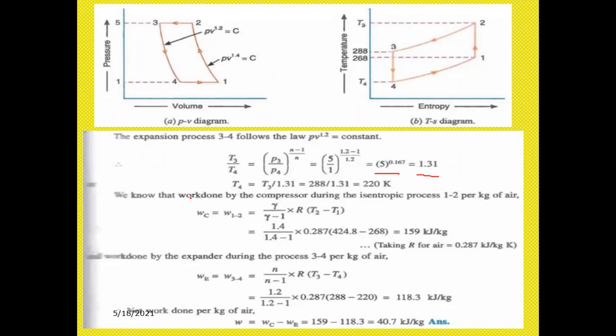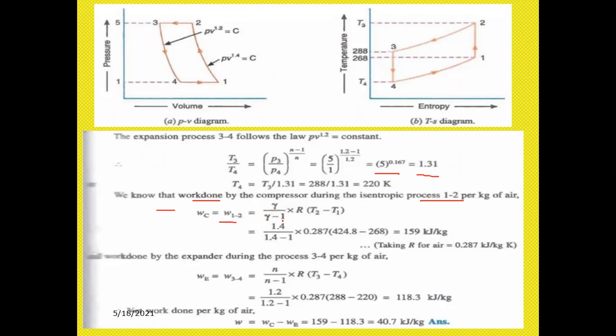Now, we know that the work done by the compressor during the isentropic process 1 to 2 per kg of air, WC, is equal to gamma by gamma minus 1 into R into T2 minus T1.